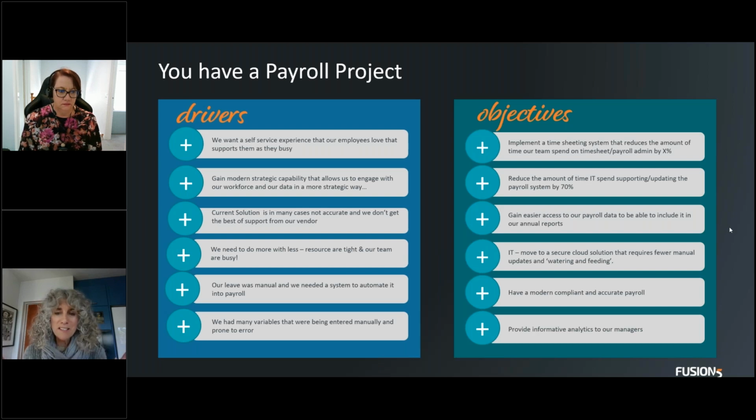It might have been similar to this list, or a bit more detailed. It is so vitally important when you're initiating your project that you don't discard all that work you did in getting your business case achieved, because these ultimately are what you are looking to deliver in your new payroll project.